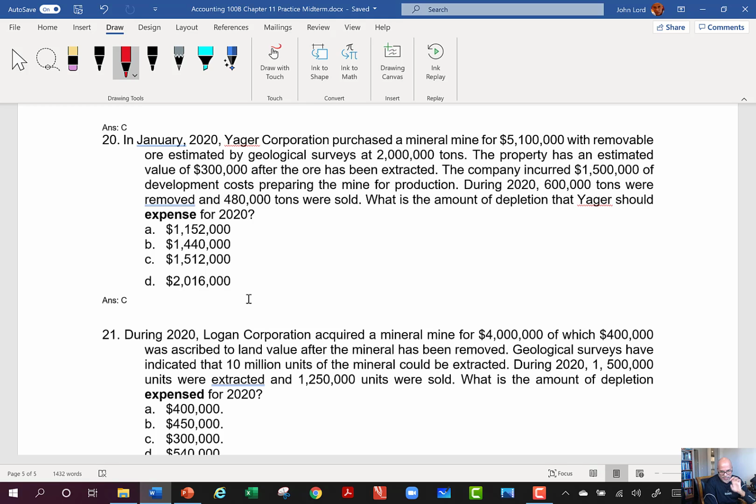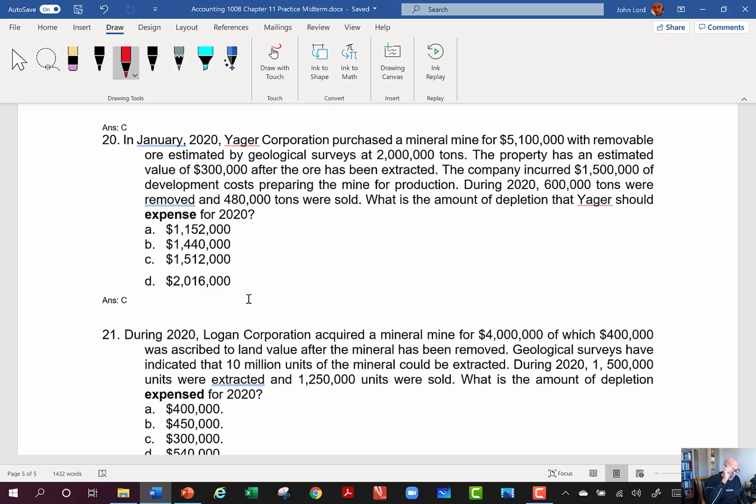That's sort of like what they can sell it for after they pulled all the ore out. The company incurred $1,500,000 of development costs preparing the mine for production. During 2020, 60,000 tons were removed and 480,000 tons were sold. What is the amount of depletion that Jaeger should expense for 2020?